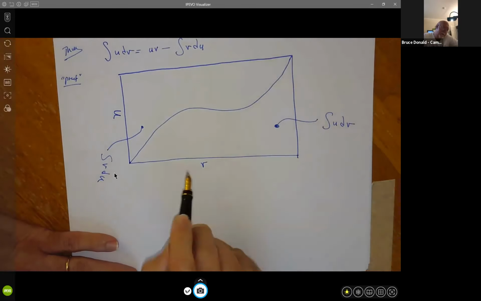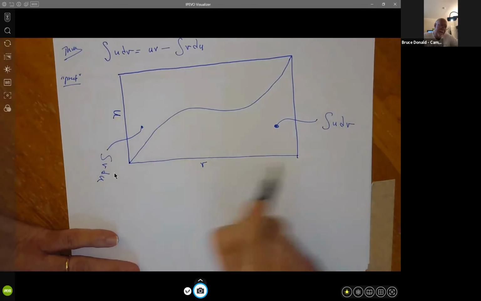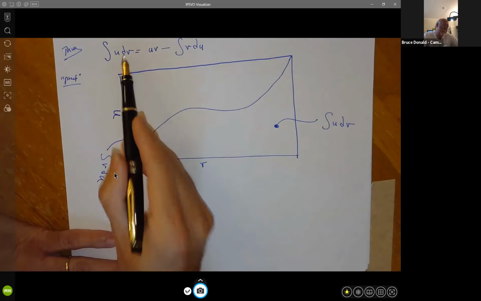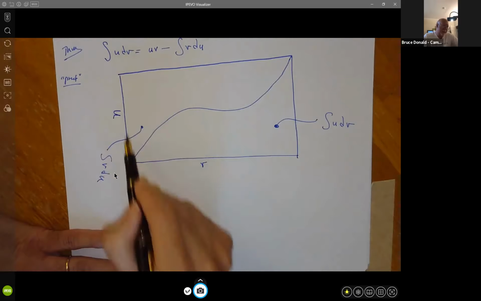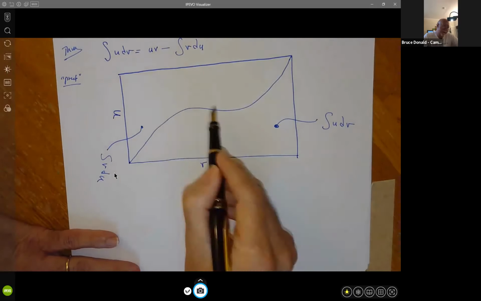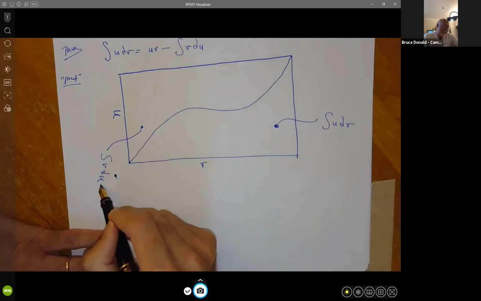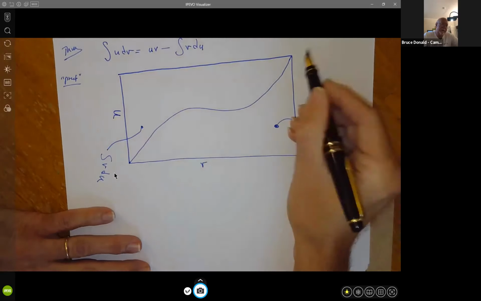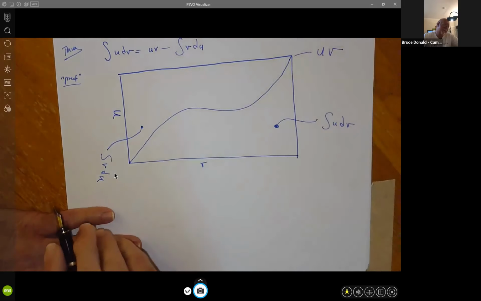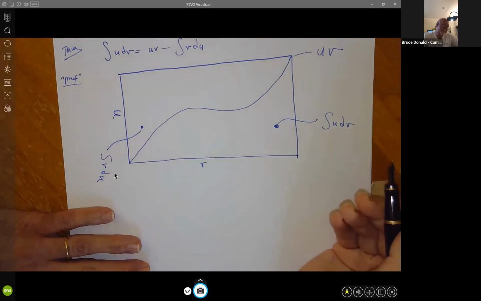Now we'll rotate it back, make everyone dizzy. So now the variable of integration is v. This integral here is the integral of u dv, which is this part here. Looking at it this way, the variable of integration is u, and this area here is the integral of v du. Well, the area of the whole thing is u times v. And integrals are about area.